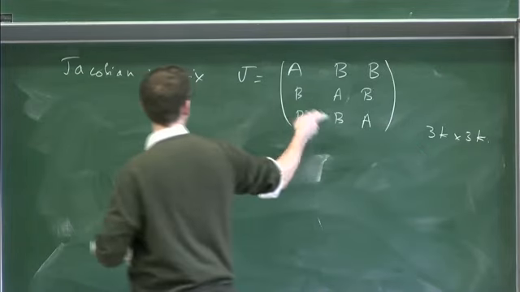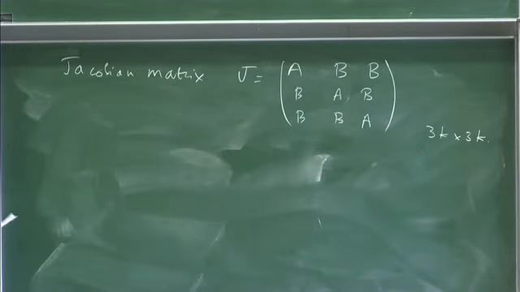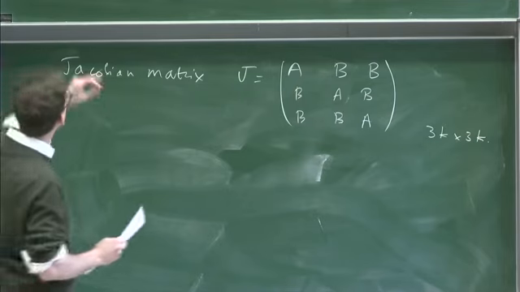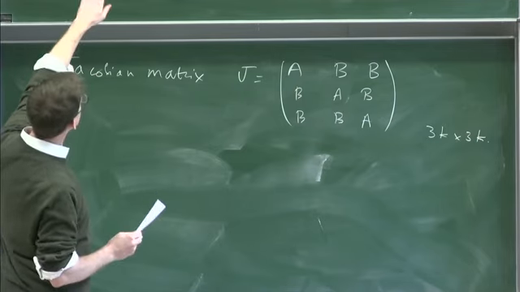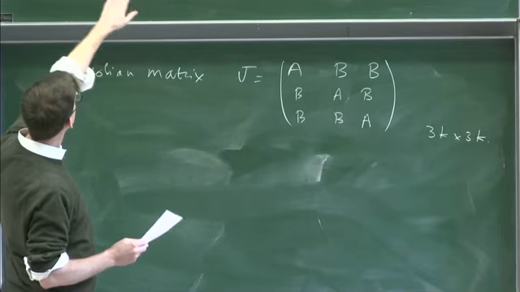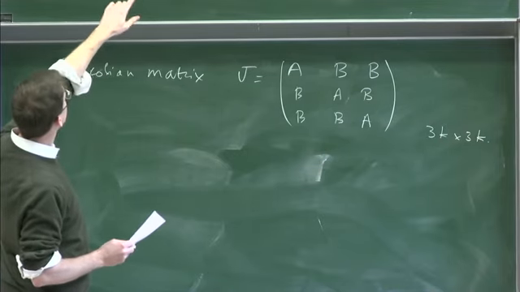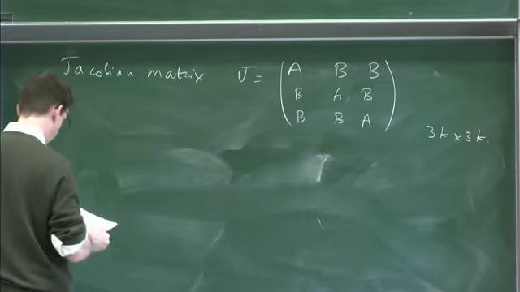Those entries, A is dx0 dot by dx0, and B is dx0 dot by dx1, etc.